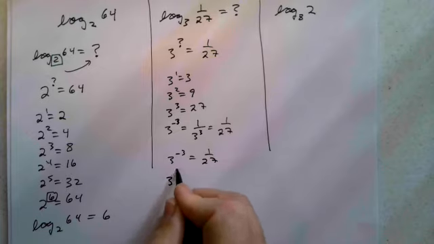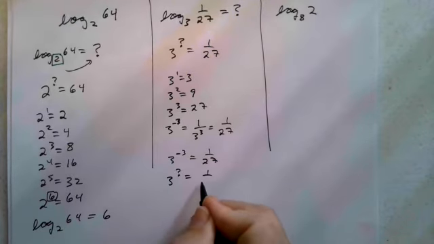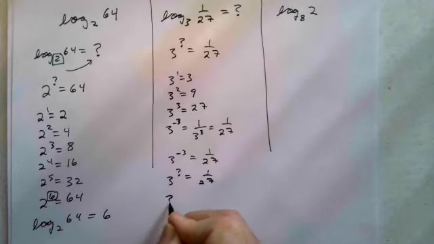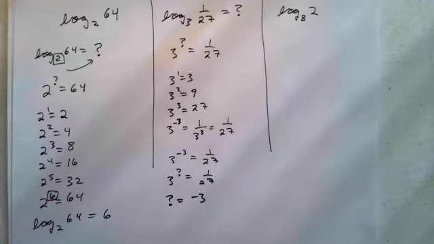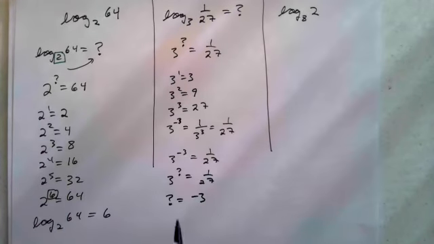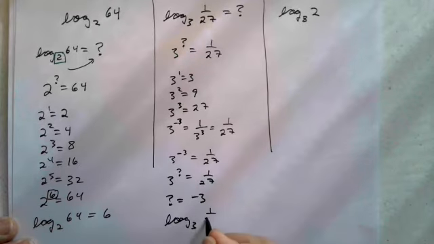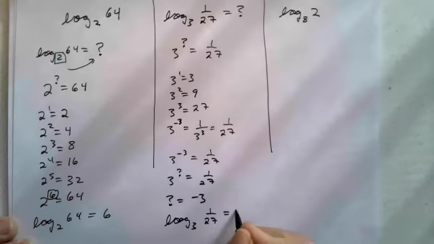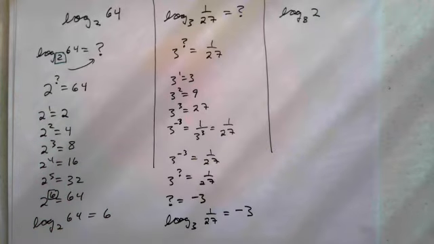Remember, this is what we had before. 3 to what power is 1/27th? Which tells me then that my answer is equal to -3. Or the conclusion being log base 3 of 1/27 equals -3.